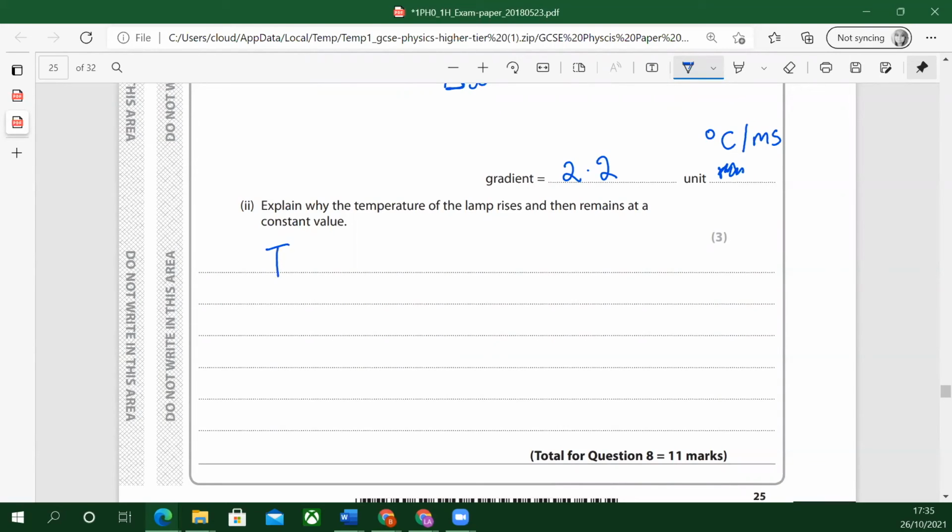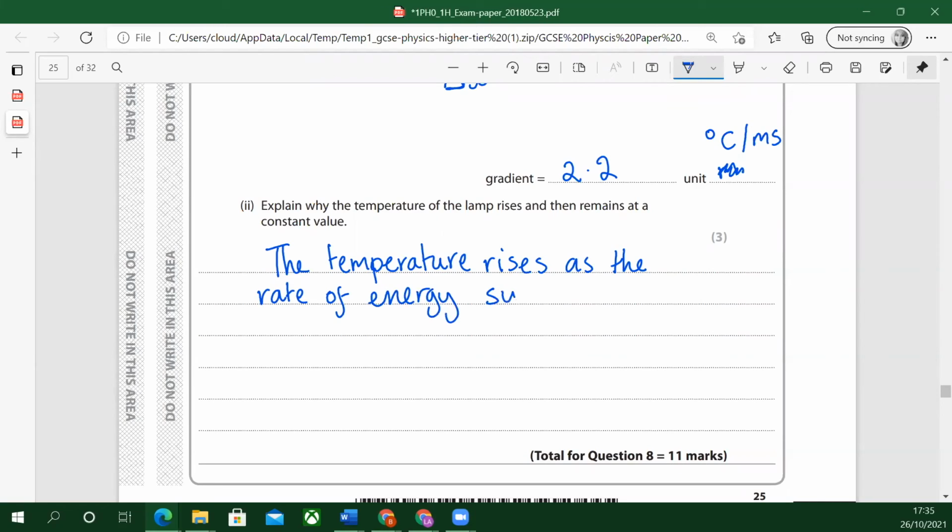So the temperature rises as the rate of energy supplied to the lamp is greater than the energy being lost or radiated.